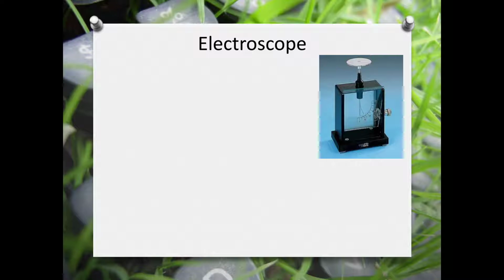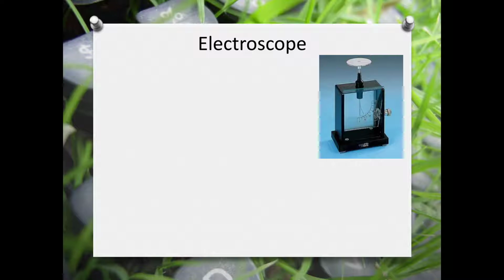Same way, if I manage to remove two charges which are positive from the neutral 10 and 10, then it will have 8 positive charges and 10 negative charges. In this case, this object will become negatively charged.